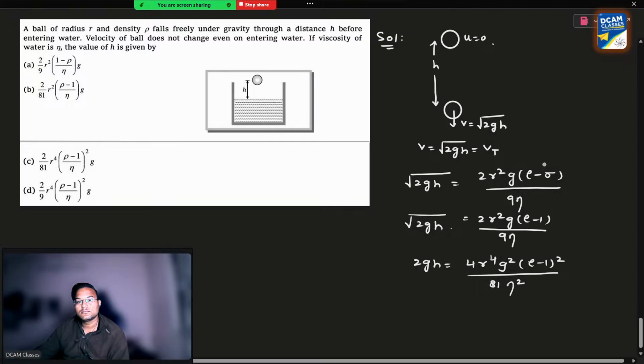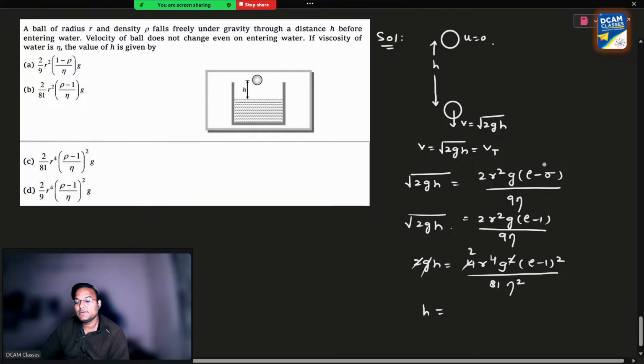So shouldn't G be in the denominator? Why? Like 2GH. Oh, there's a G square. There is a G on the other side also, no? 2 to the 4.